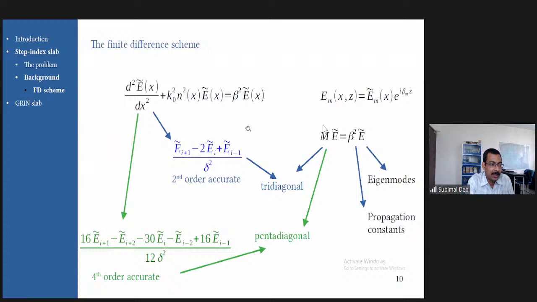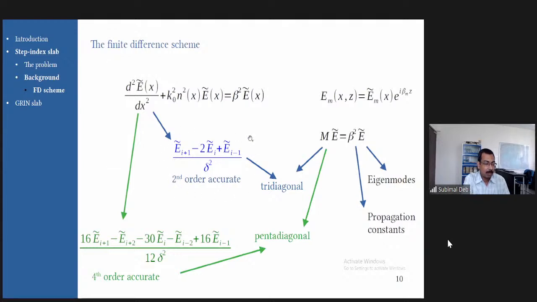The number of equations is the number of grid points you have taken, and that would transform this differential equation into a linear algebraic equation, which is written in this form: M being a tri-diagonal matrix if you have used a second order accurate formulation, and E are the eigenvectors or the eigenmodes of the system, and beta squared are the eigenvalues, beta being the propagation constants.